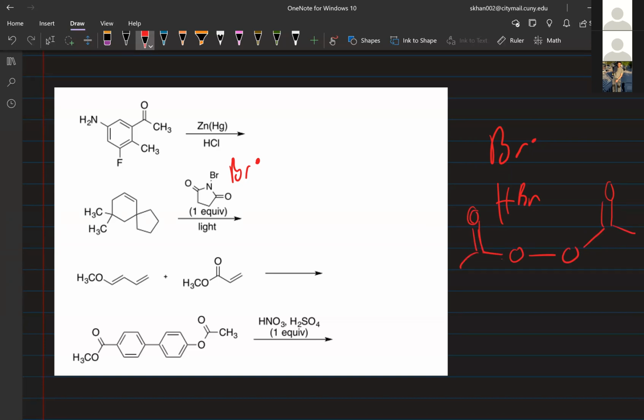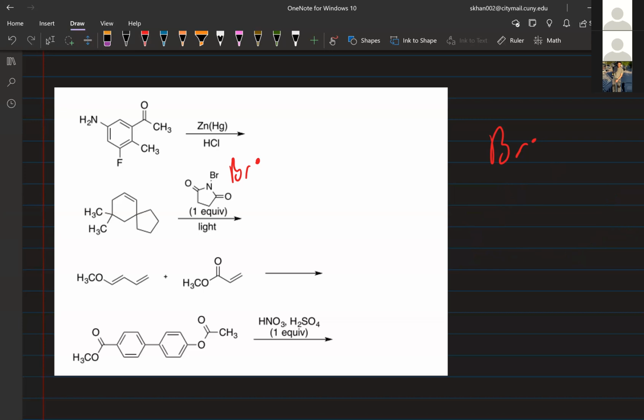Alkyl peroxide, when you have the O single bond O, right? That is anti-Markovnikov addition of H and Br, right? Because it goes through a radical pathway. And when you have just HBr without the peroxide in there, right, then that's a Markovnikov addition. That was something from Orgo 1.